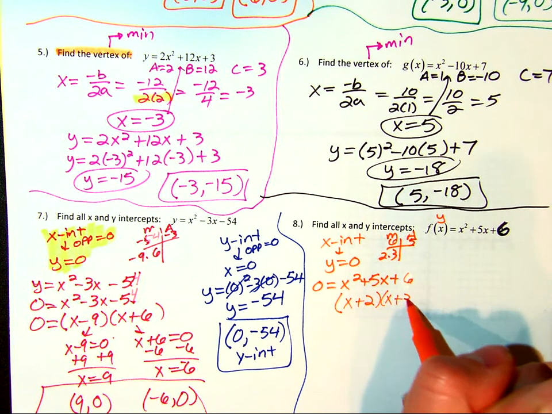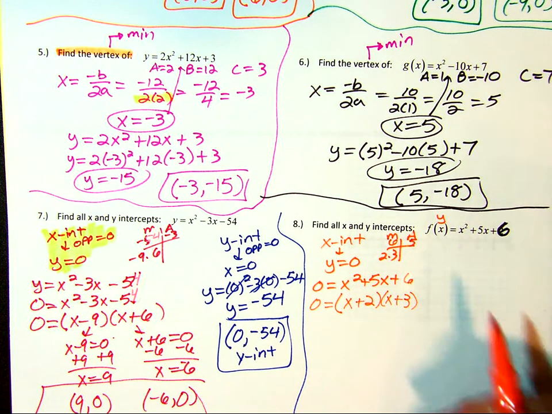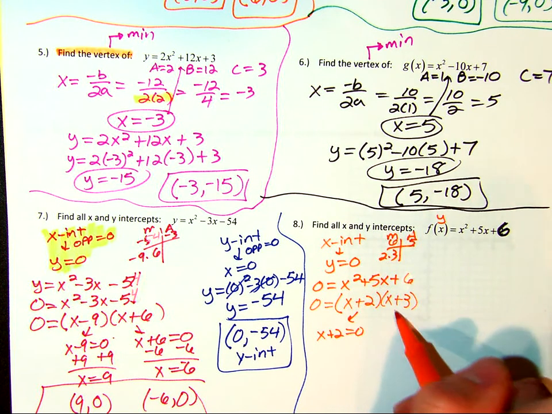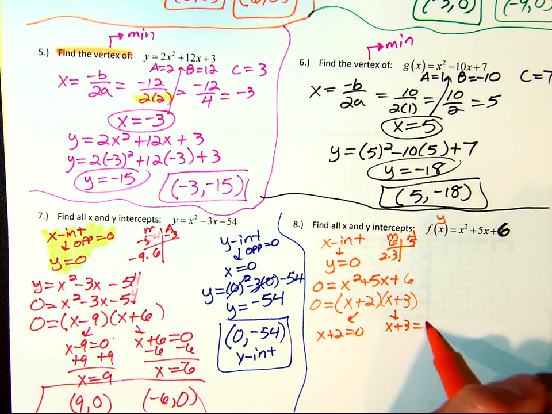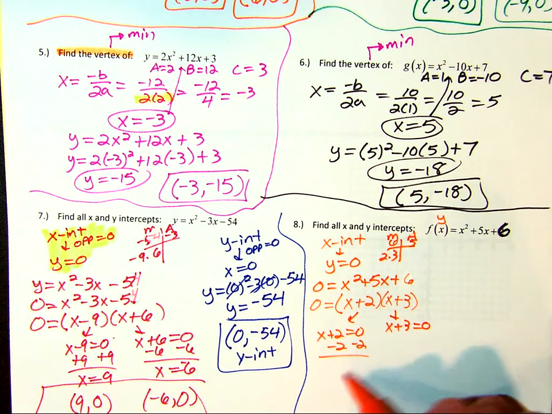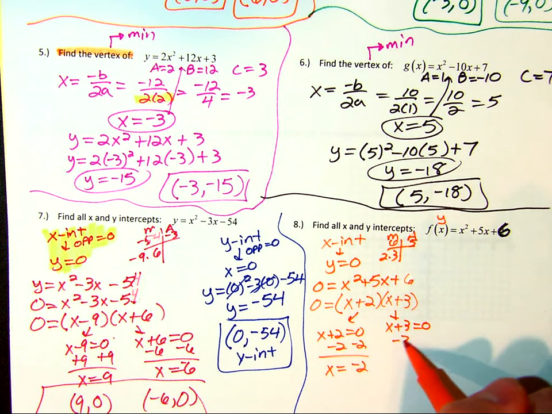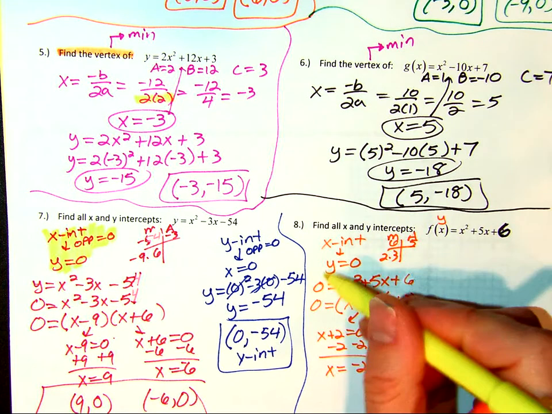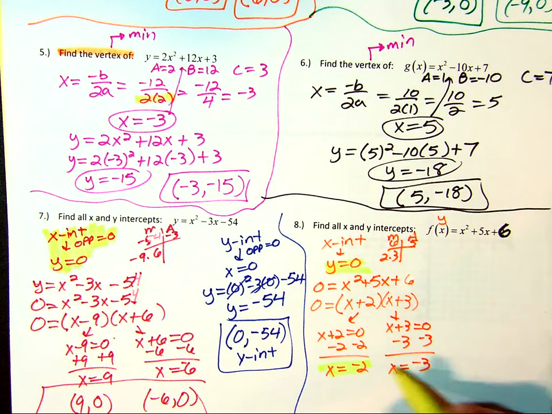So that means we set each piece equal to 0. And then solve. Remembering that the y on this was 0, and these are my two x values. So this would be negative 2 comma 0, negative 3 comma 0 as my x-intercepts.